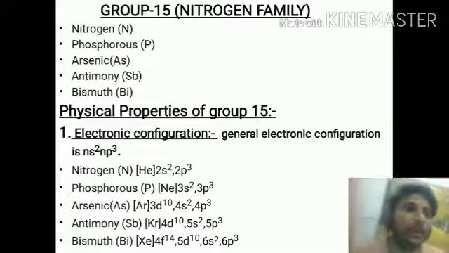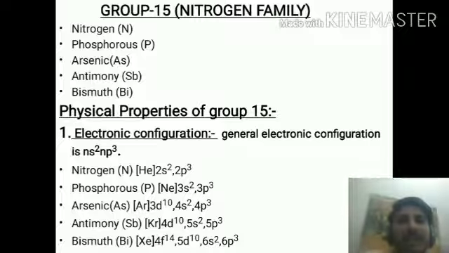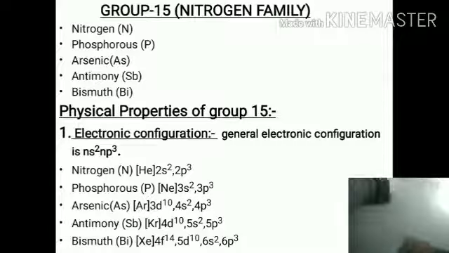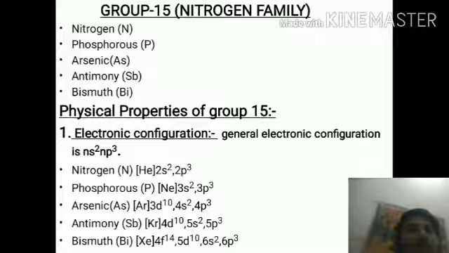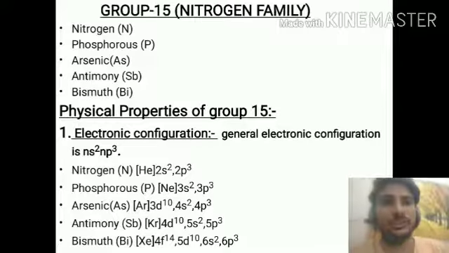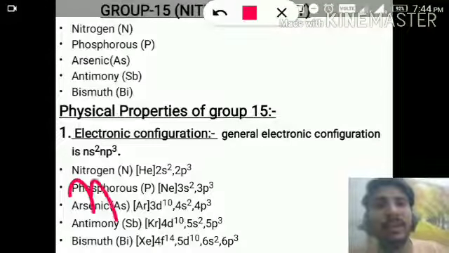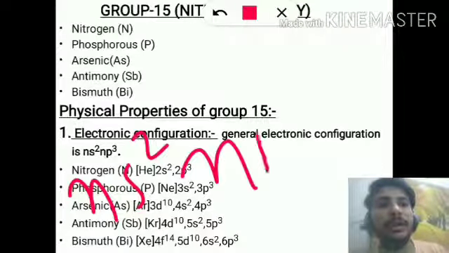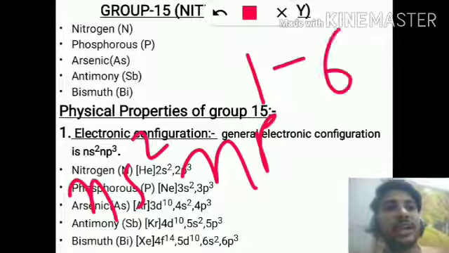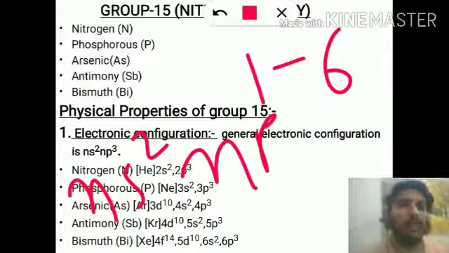The general electronic configuration of the P block is ns2 np1 to 6. That is the general electronic configuration of P block elements.